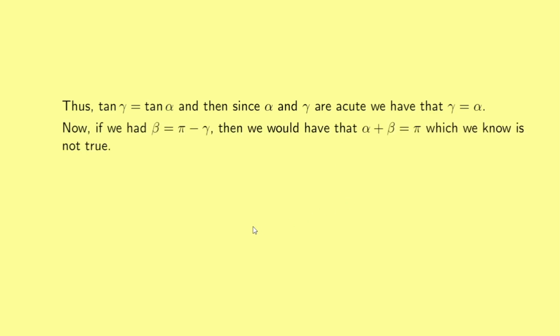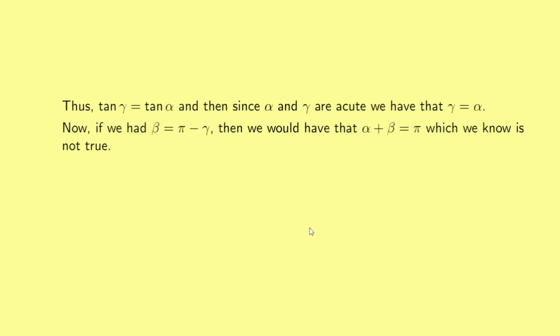Okay? So if we had that beta were pi minus gamma, then adding these two angles, alpha plus beta, we would obtain pi. But this cannot happen because alpha plus beta must be smaller than pi, smaller than 180 degrees.